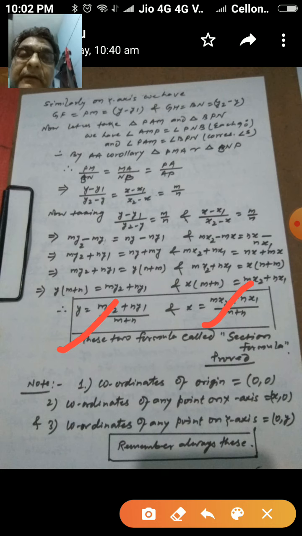Then the point of division P will have x coordinate equal to mx2 plus nx1 by m plus n, and y coordinate equal to my2 plus ny1 by m plus n. In this way, we can find the coordinates of the point of division. So this is all about section formula, students.